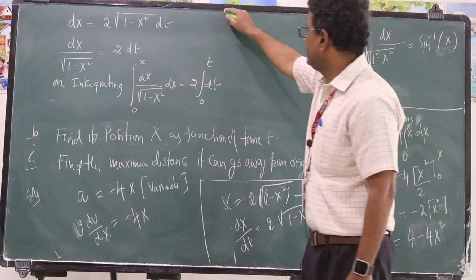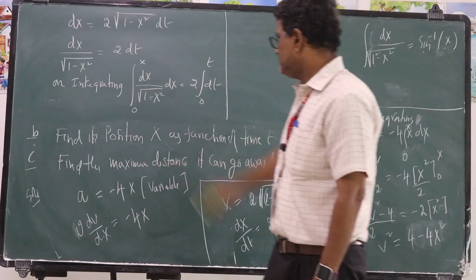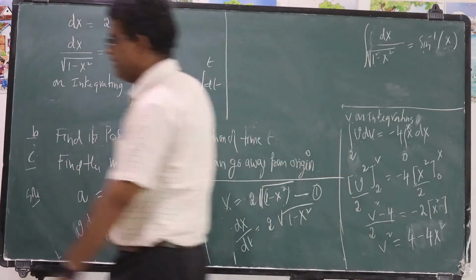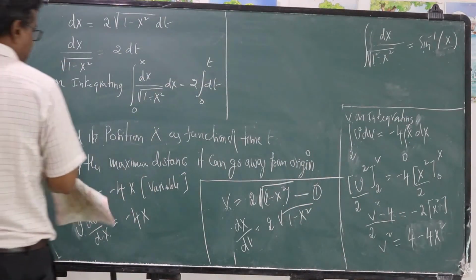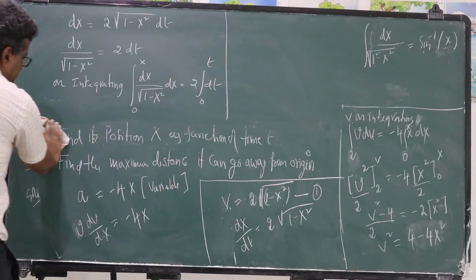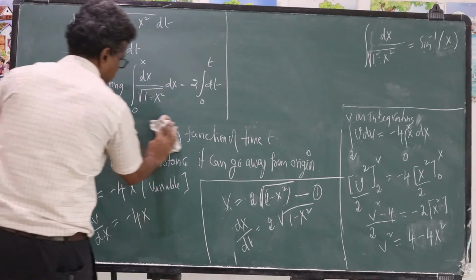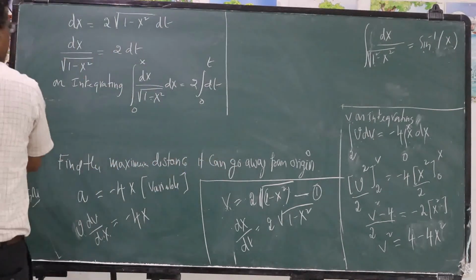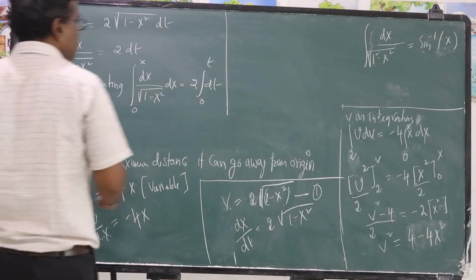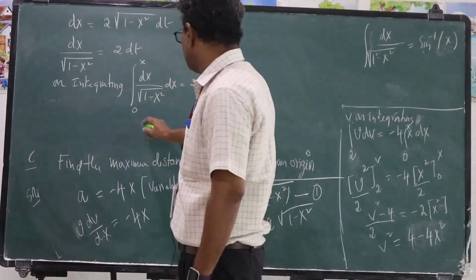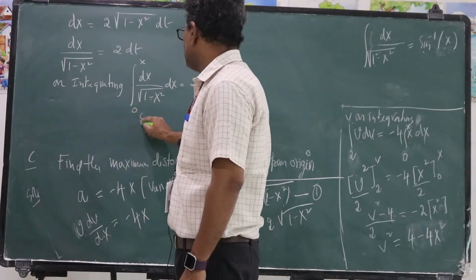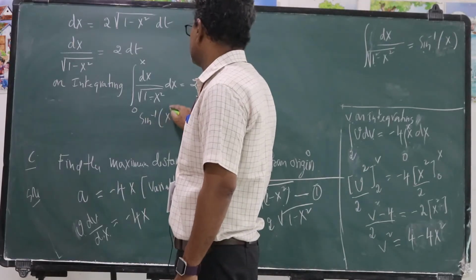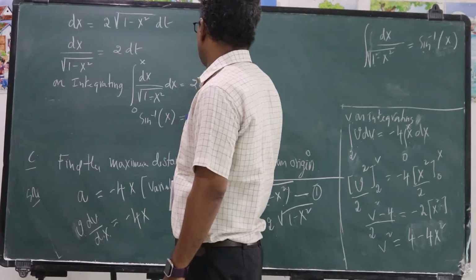So after integrating this one, this is the second one, position as a function of t. We have sine inverse x equal to 2 into integral dt, which is 2t.